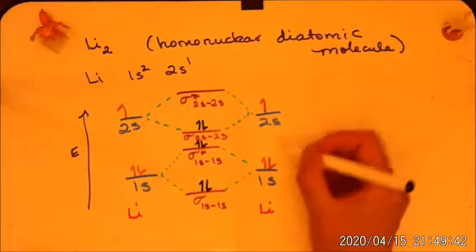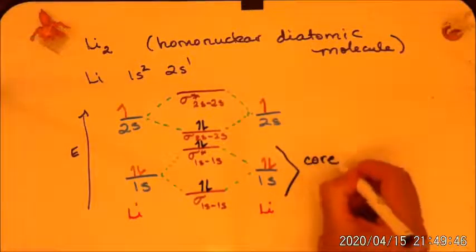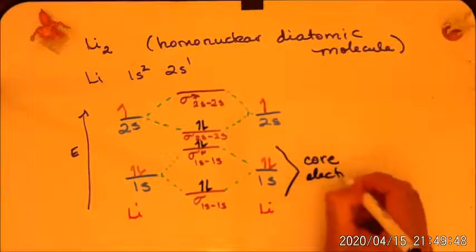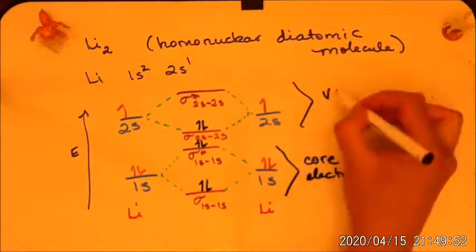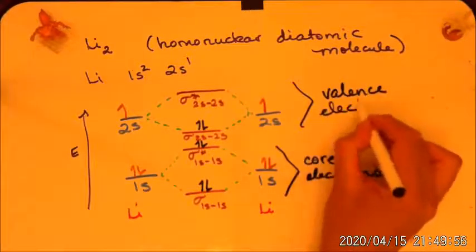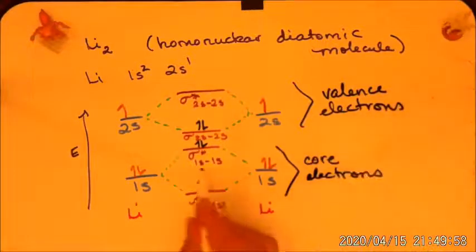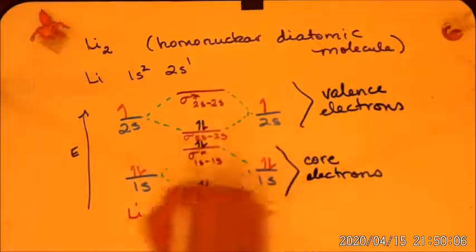Okay? So, not surprisingly, these are my core electrons. Remember, valence electrons are what's really responsible for reactions and bonding. And we see that with the core electrons, all my antibonding situations cancel out all my bonding situations. Okay? But right here, this is the key.